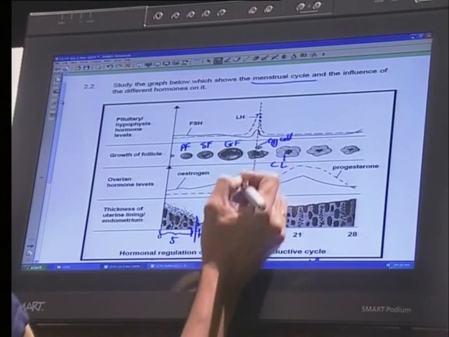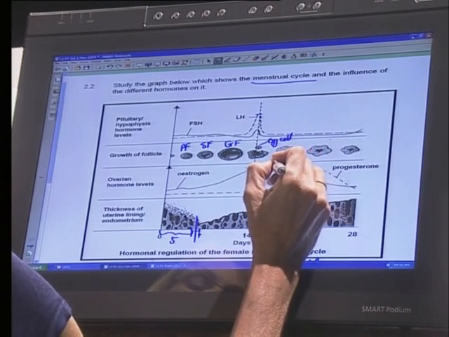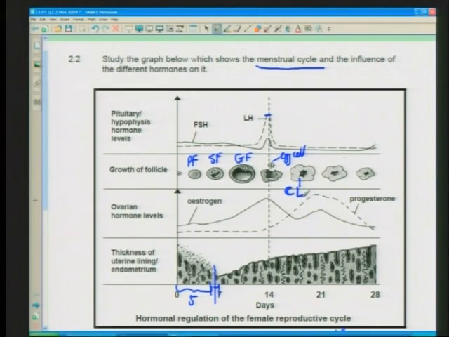The luteinizing hormone causes the production of the corpus luteum. That's its most important function. Secondly, your luteinizing hormone will cause the release of the egg cell, so it causes ovulation. So take your pick. Either one would have given you your marks there.